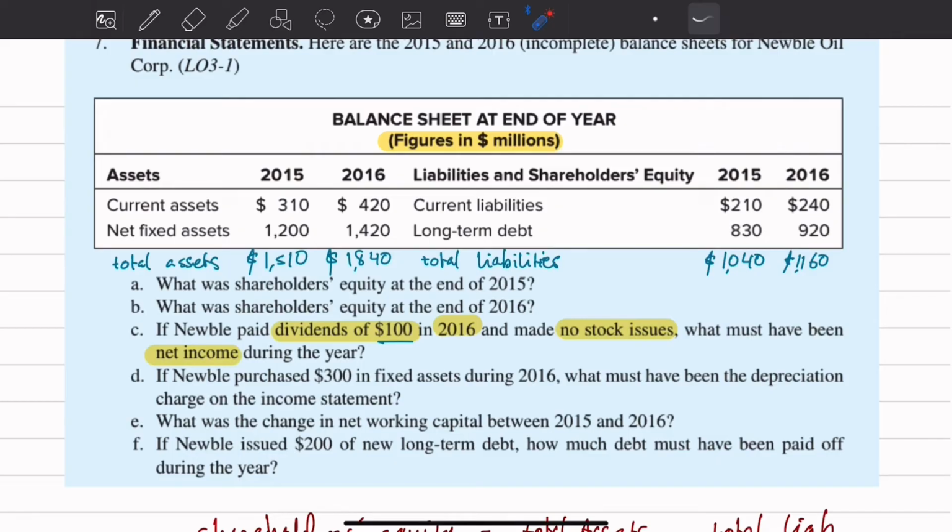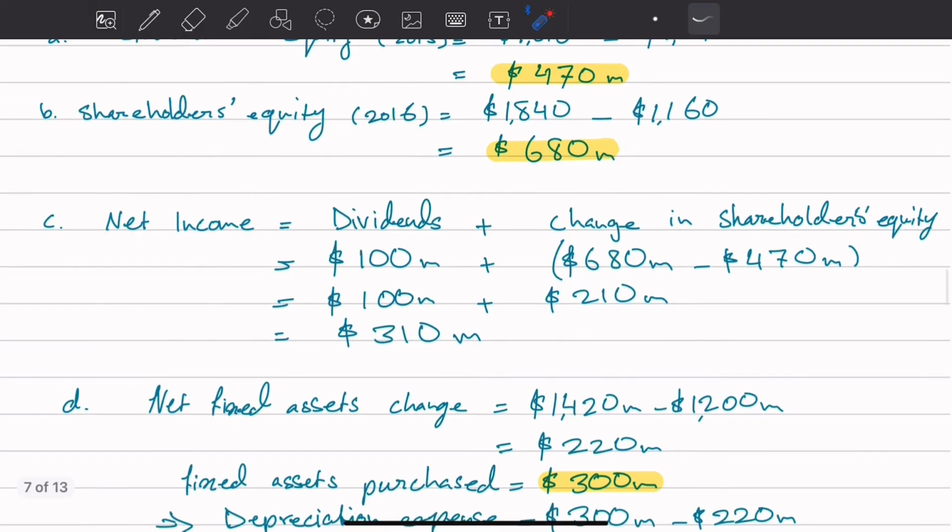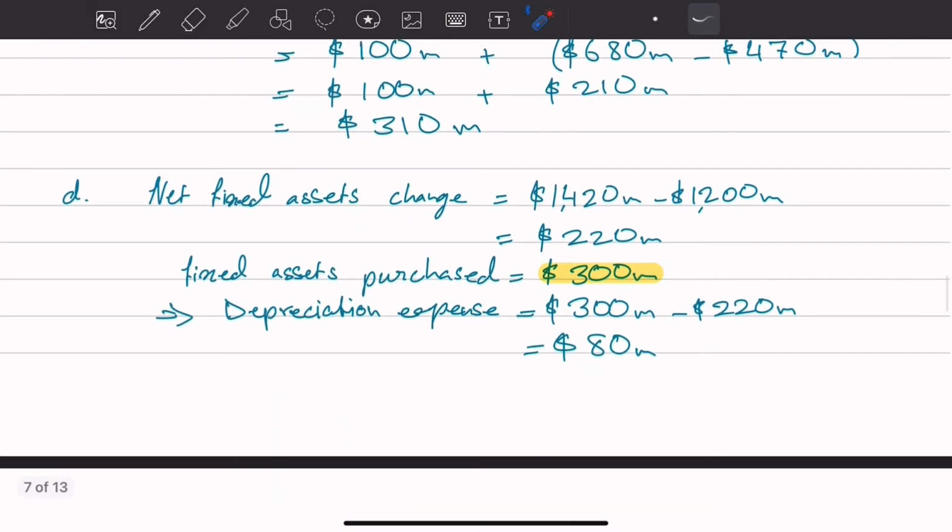But because it's not 1,500, it's less than that. It's 1,420. That means the difference between 1,500 and 1,420 is the amount that was reduced as a result of depreciation expense. This is how we figured this out.